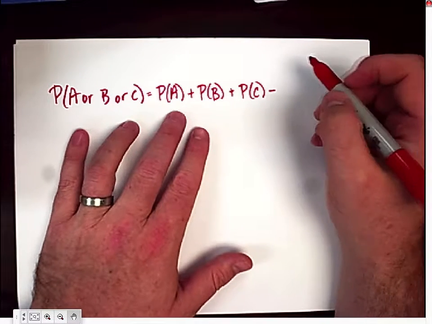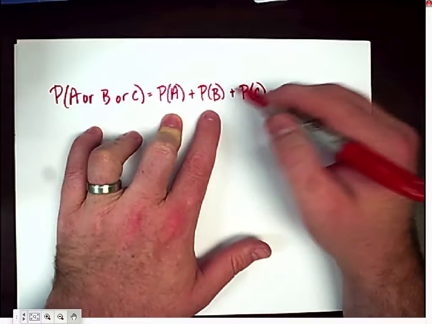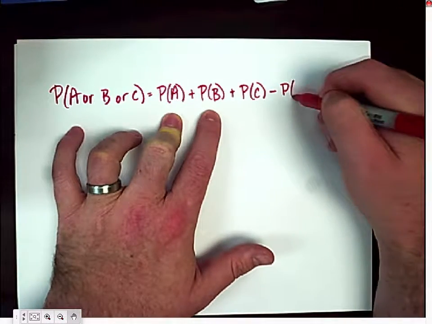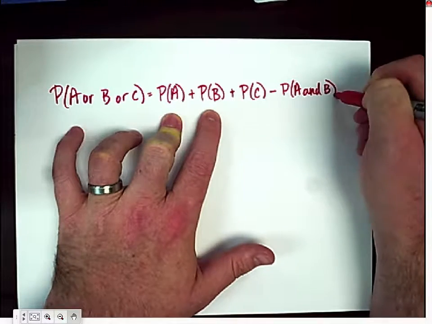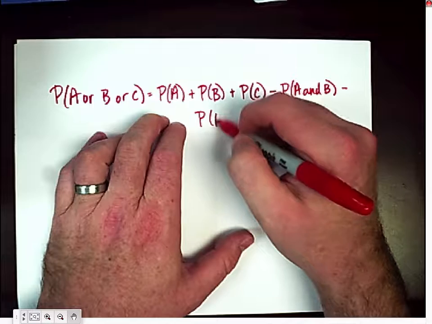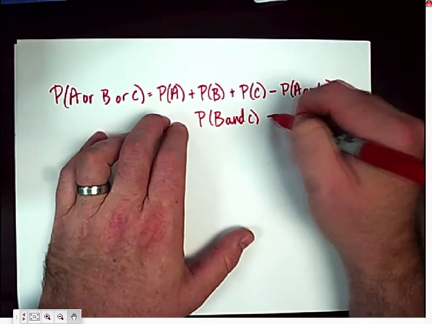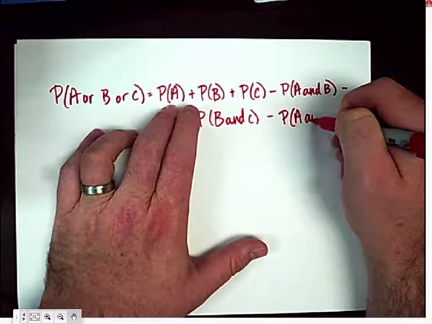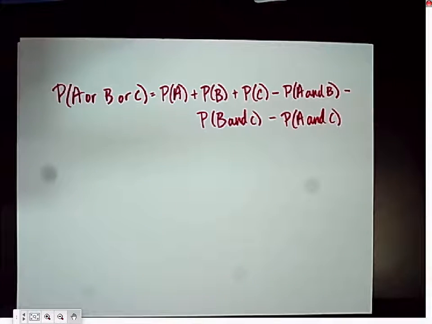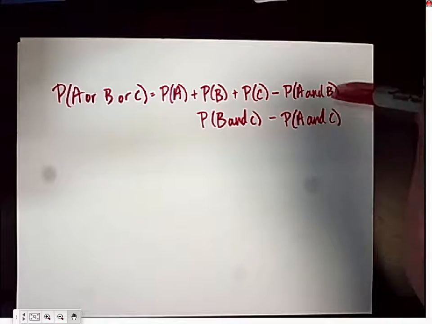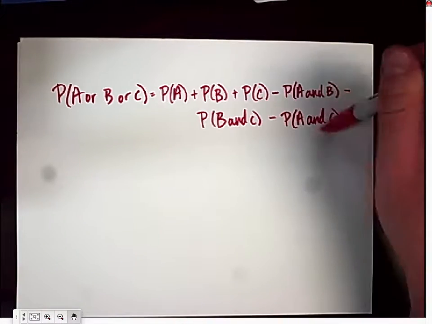Well, what you counted twice is anything that was A and B minus anything that was B and C minus anything that was A and C. Does that make sense? Anything that was in both A and B, you counted twice. Anything that was in both B and C, you counted twice. And anything that was in both A and C, you counted twice. But if the three events are mutually exclusive, you can take those three off, right?